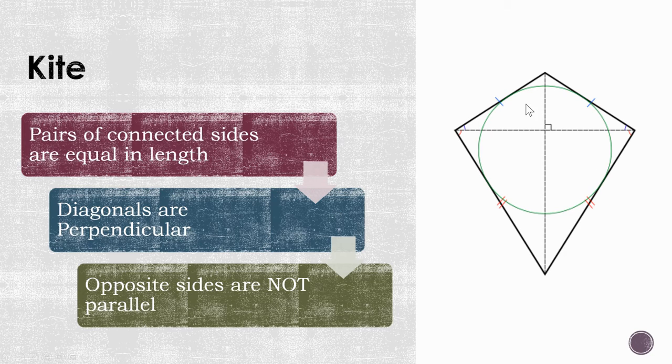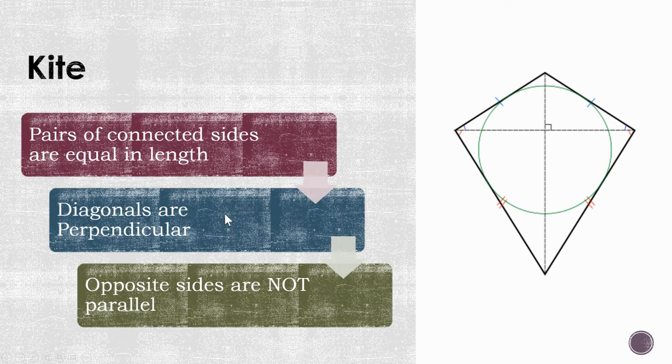If you can see my mouse, this pair right here, see that single blue mark? These two sides are equal in length, just like these two sides are equal in length. But I know these two sides are not equal. That's okay. It's these two that are connected that are equal.